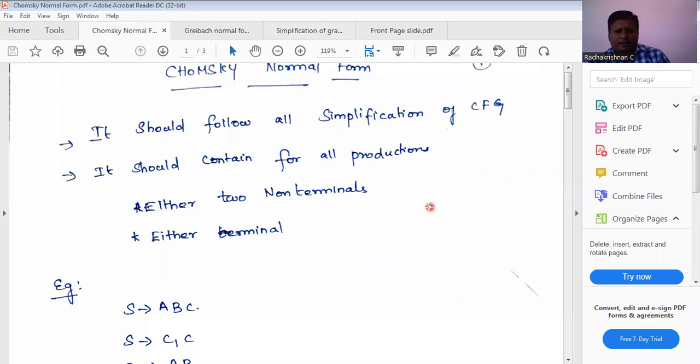Why do we go for normal form? Generally, the context-free grammar production rules are in the form of an arrow mark. That means the production rule's left hand side is one non-terminal, and the right hand side is a combination of terminals and non-terminals.